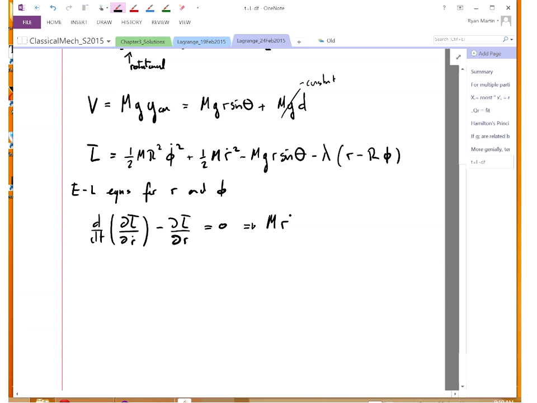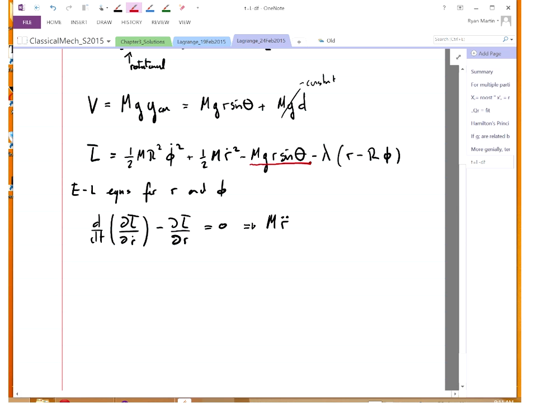So I have m lowercase r double dot, and then that's got to be minus partial L by partial r. So I look at terms that have lowercase r in them. The second to last term, minus mg r sine theta, has an r in it, and the last term, minus lambda r, also has an r in it. So it's minus partial L by partial r, and both those terms are negative. Let me underline the red term.